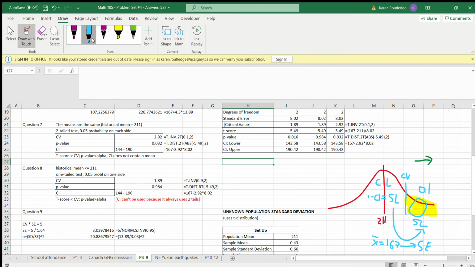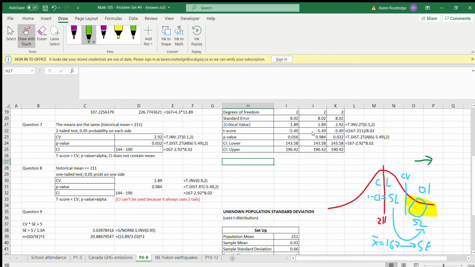So we do that. I haven't used green yet, so we'll go here. We do that by calculating the t-score, just as we did before. And the t-score, even though we went from a two-tailed test to a one-tailed test, our t-score formula hasn't changed. It's still the sample mean, 167, minus the population mean, 211. And then we take that distance in original data units and convert it to standard error units. So we divide by the standard error.